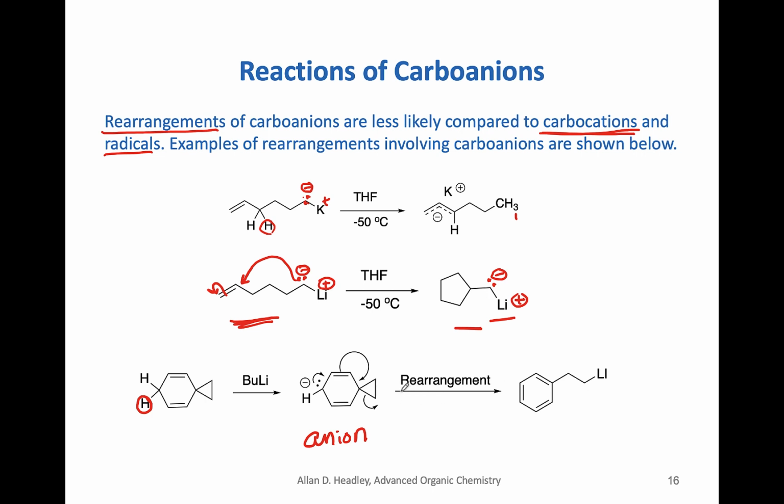Notice the driving force for the rearrangement is that this is aromatic, because it has 6 electrons in a ring and meets Huckel's definition of aromaticity. So this is a rearrangement of the carbanion from here over to here. Don't forget again, this is the negative and this is the cationic portion. So that's rearrangement of carbanions.